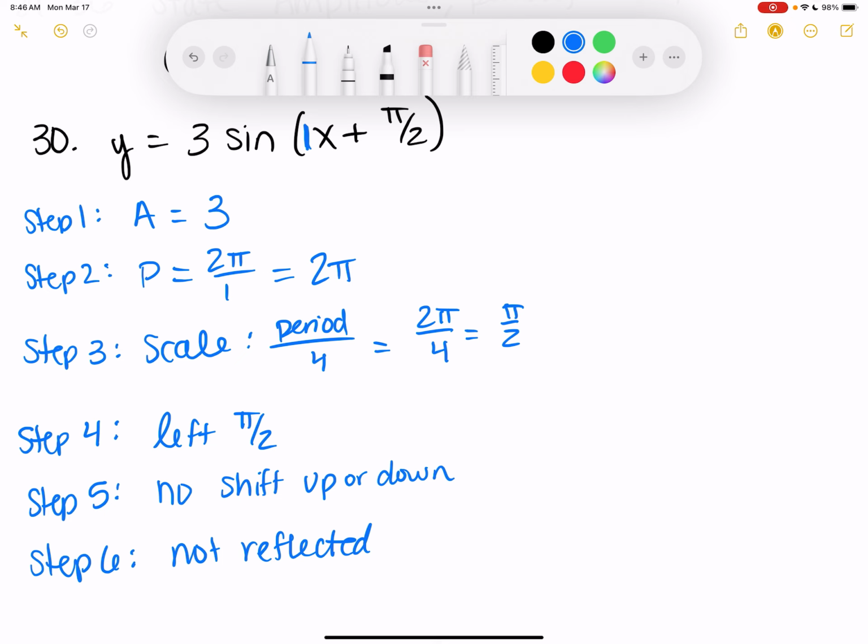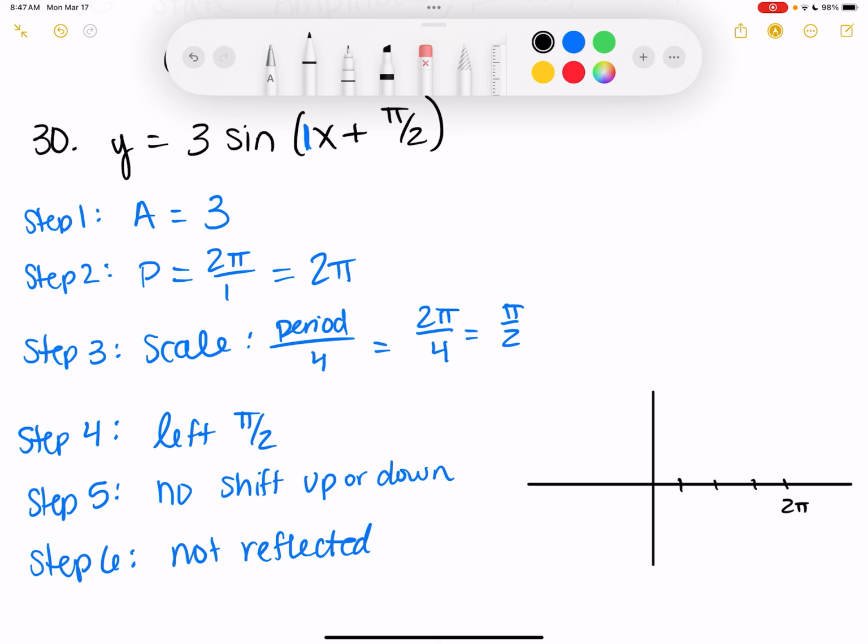So I'm going to set up a graph over here. When I do this, I always look at the period and say, okay, I know I'm going out to 2 pi, so I'm going to set up basically 4 little tick marks here. The end one is going to be whatever the period is, so in this case it's 2 pi.